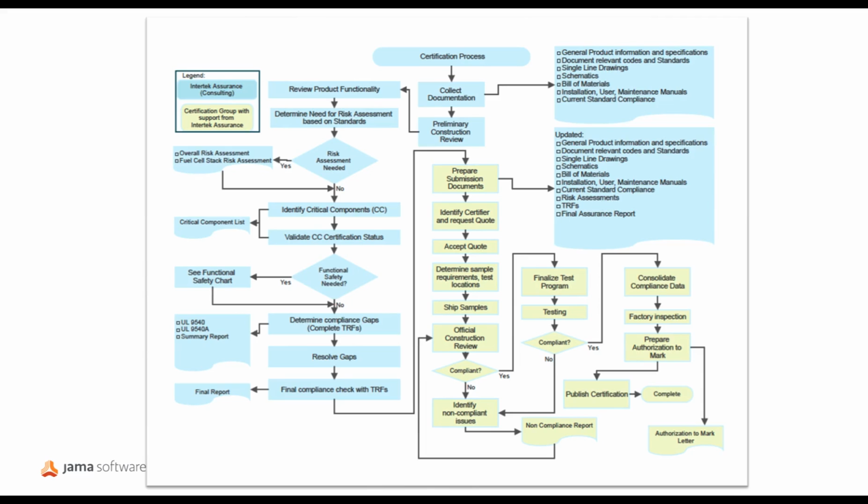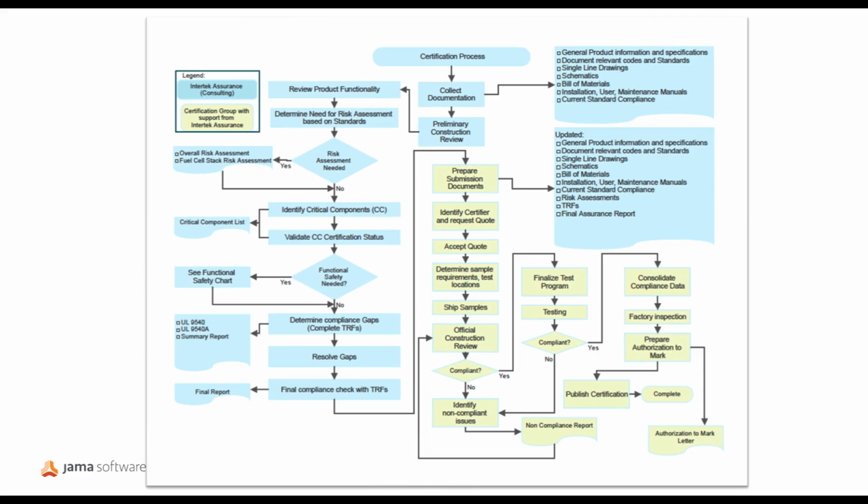And so what we're going to do is go through some of these critical points here and discuss how we can make it easier, what we can do to prepare better so that we can be as efficient as possible. Just an example of how efficiency can help you. A typical certification of an energy storage system is going to take about, well, it could be anywhere from 14 to 16 weeks.